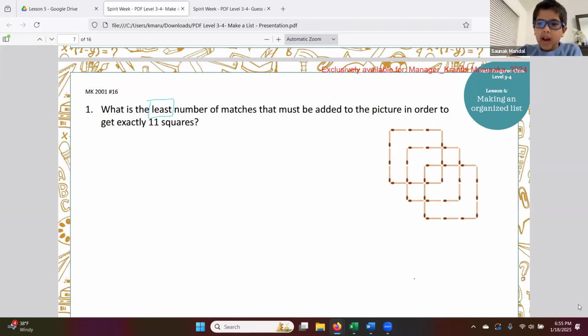Well, here's how I saw it. So I saw if there was 8 squares, right? So if I did one here, that would make 1 square. And then if I made one here, that would make 2 more squares.